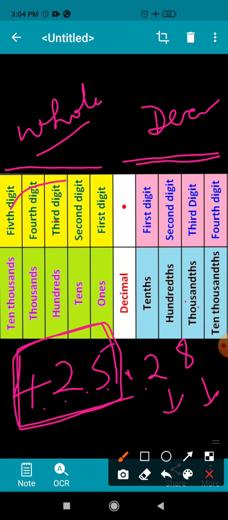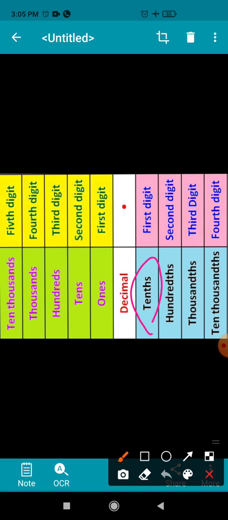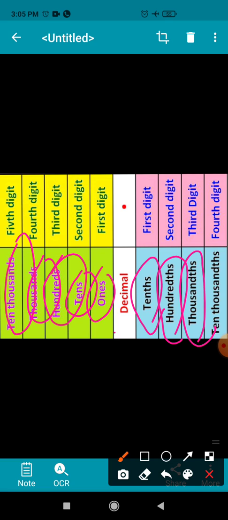Okay, and children, the first place after the decimal is the tenths place, and the second one is hundredths place, third one is the thousandths place. And to the left, first place is ones, tens, 100, 1000 and 10,000.